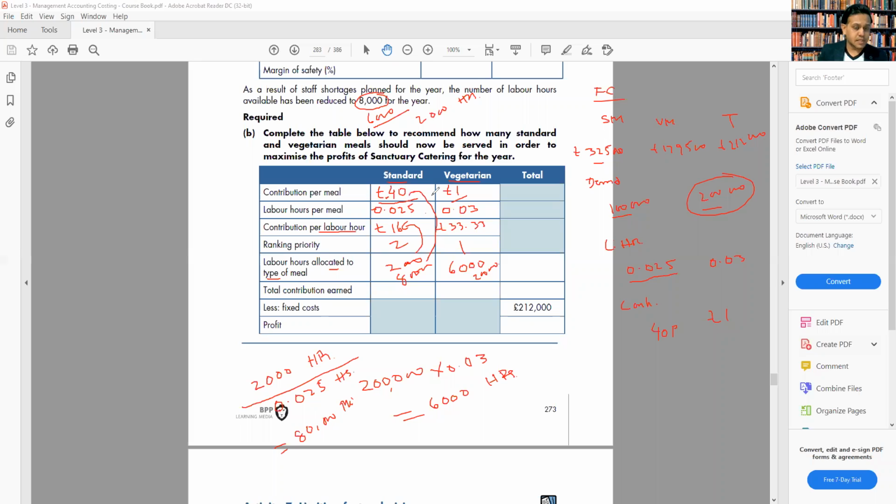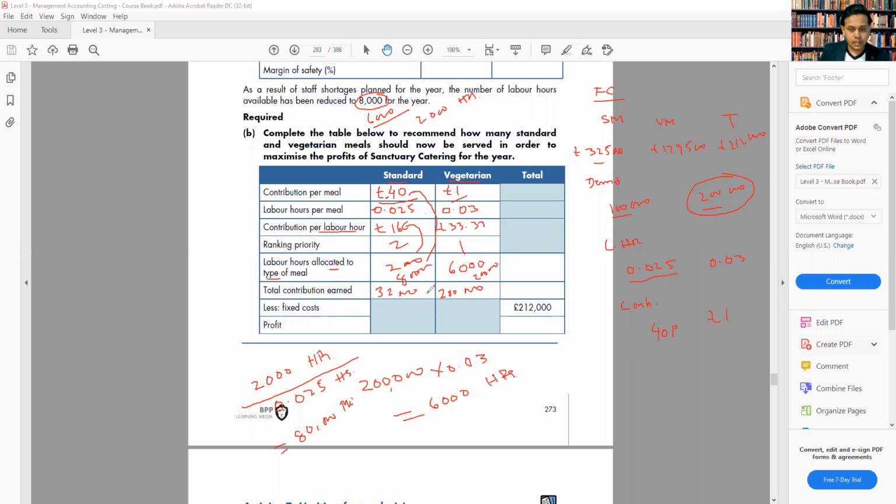It will give you the same result. So we can say 80,000 times 40 pence, that's 0.40, so 32,000 is the contribution for the standard. And 200,000 times 1 gives us 200,000. So this is the contribution.